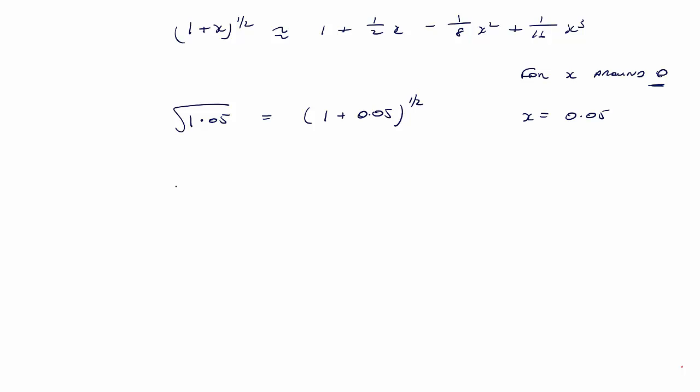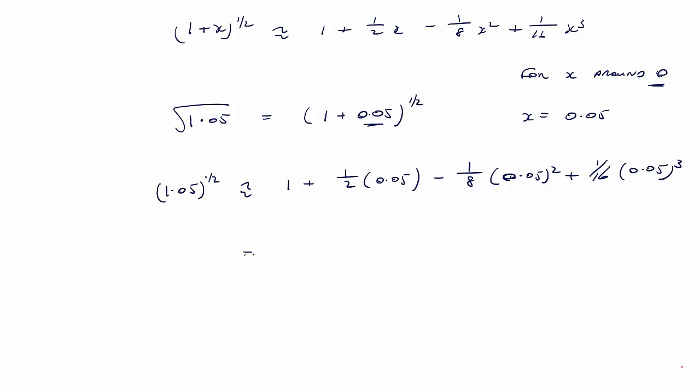So 1.05 to the half is approximately equal to 1 + (1/2) of x, so this is x, 0.05, minus (1/8) of x squared, 0.05 squared, plus (1/16) of x cubed.